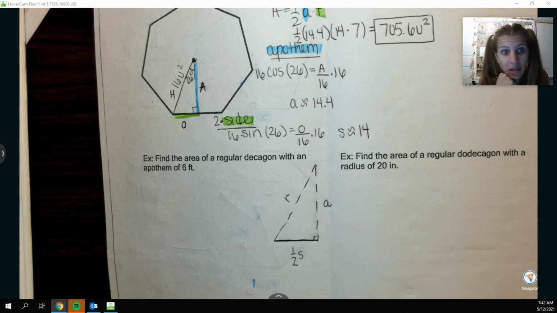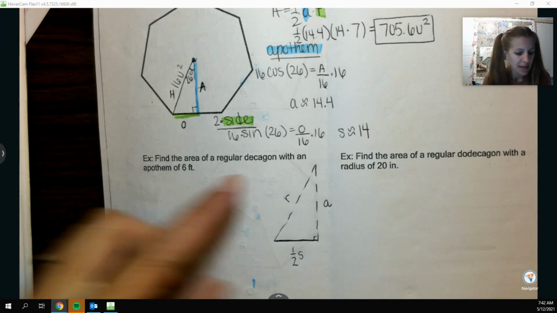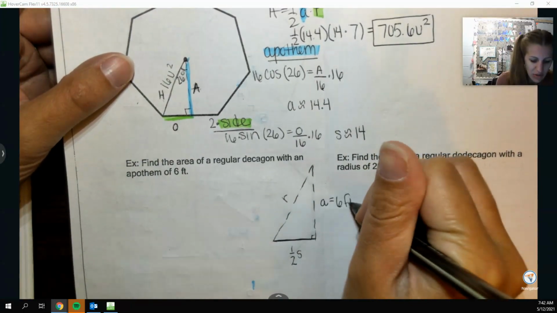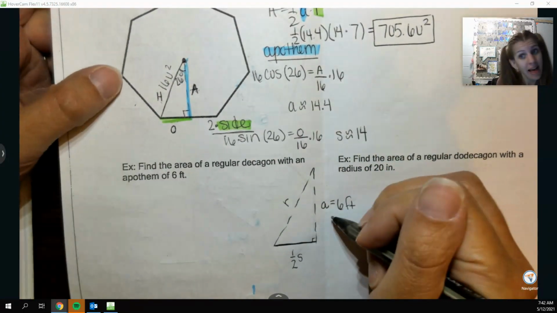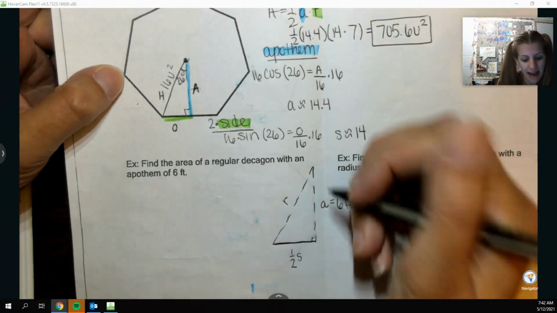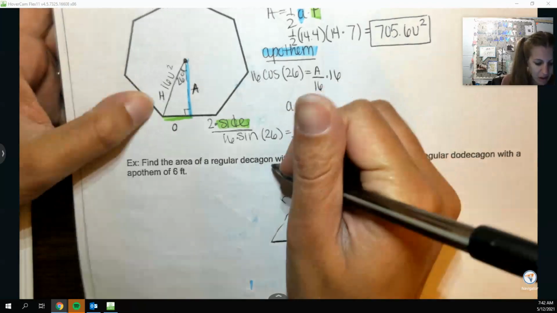They told me the apothem is 6 feet, so I have half of the information that I need, but I still need to find my top angle.